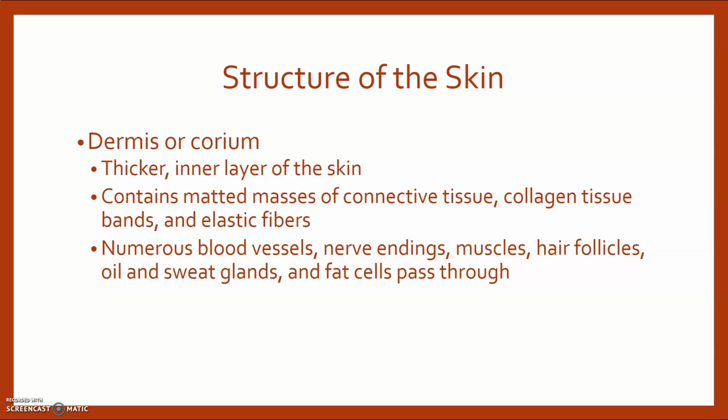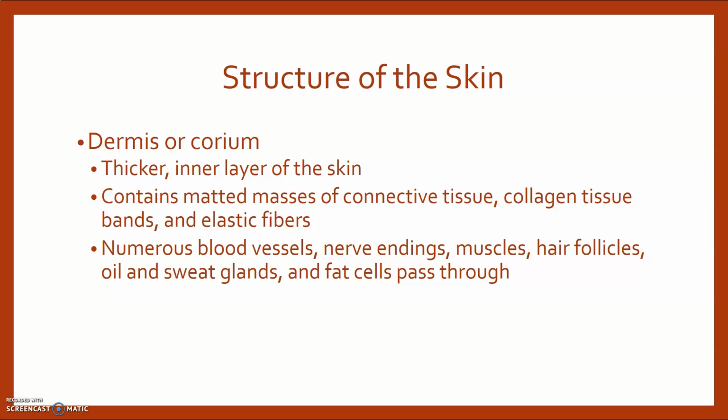It contains masses of connective tissue, collagen tissue, which helps to make your skin strong and tough, and then also elastic fibers. And those elastic fibers are important because they make skin stretchable and give skin its ability to be elastic, to be able to rebound when it's being pulled.